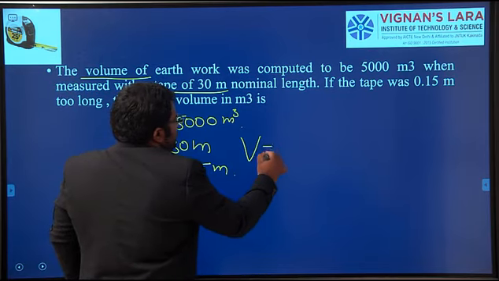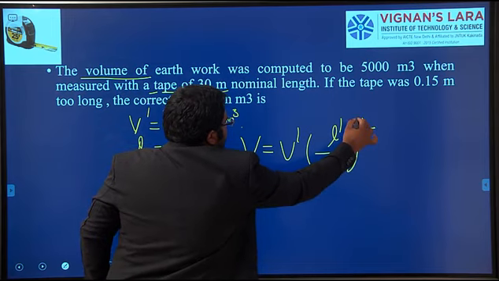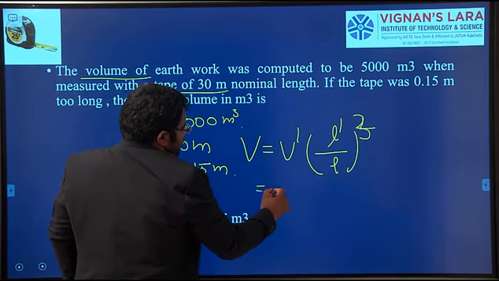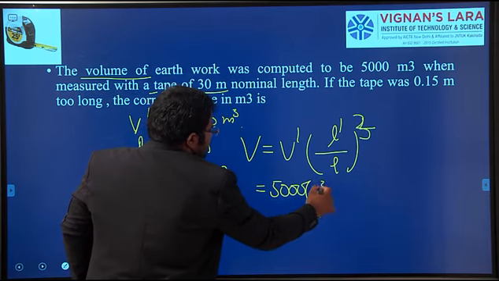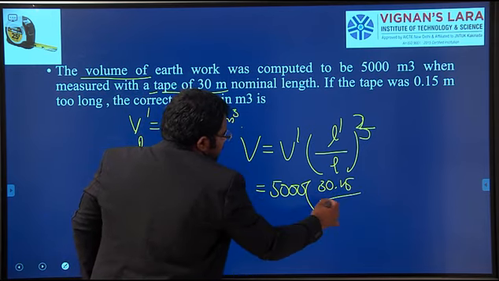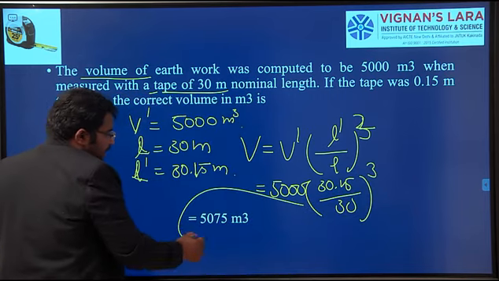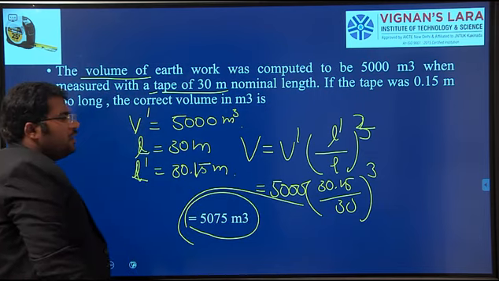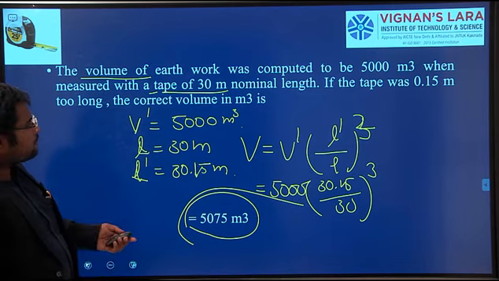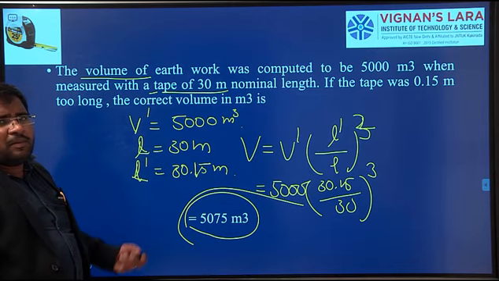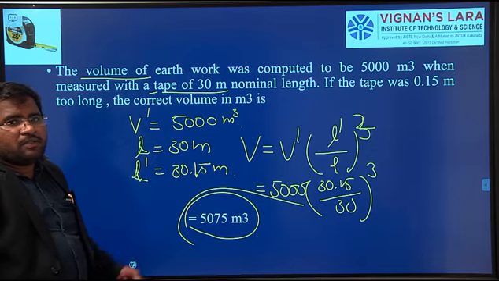Then we have a formula to determine this: L dash by L cubed. Here for volume it is cubed, so it will become 5000 into 30.15 divided by 30 cubed. Finally we will get a value of 5075 meter cube. You can do this slowly using a calculator. Practice it. These are the most important problems in this unit.